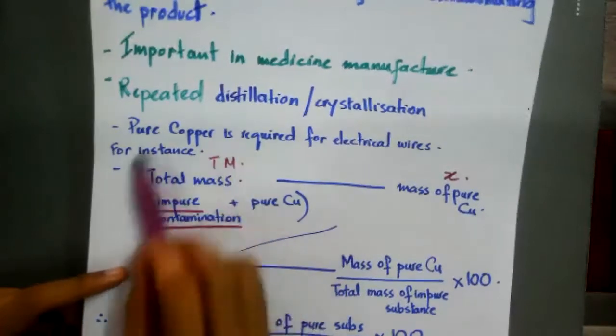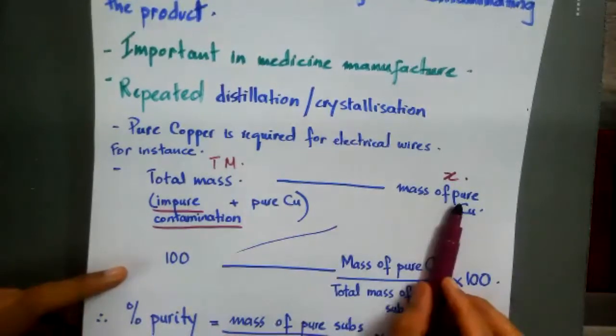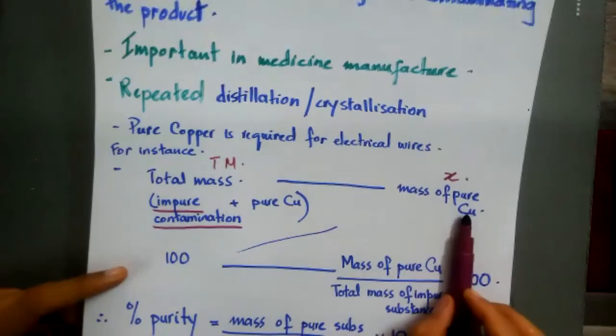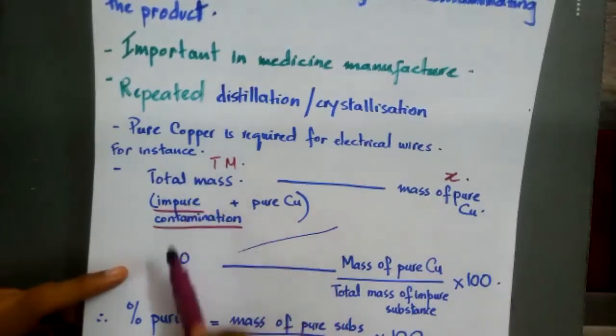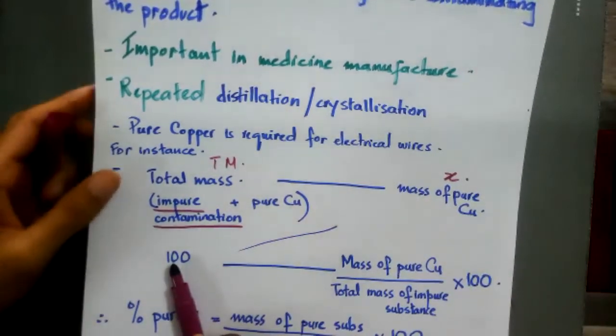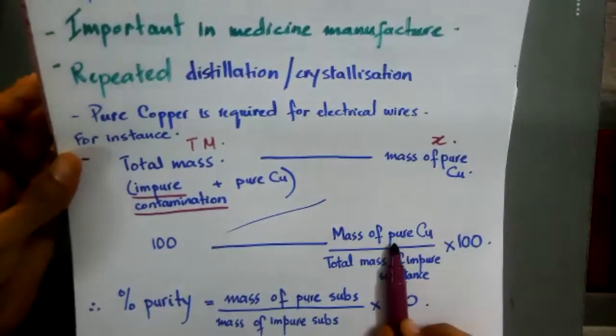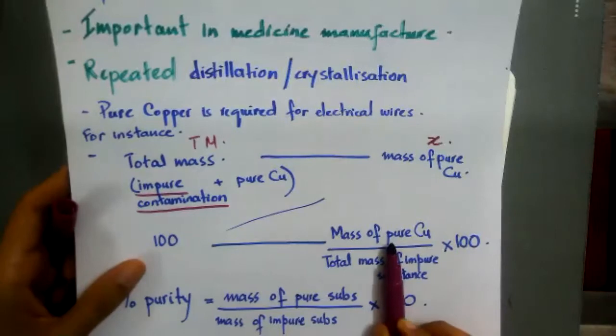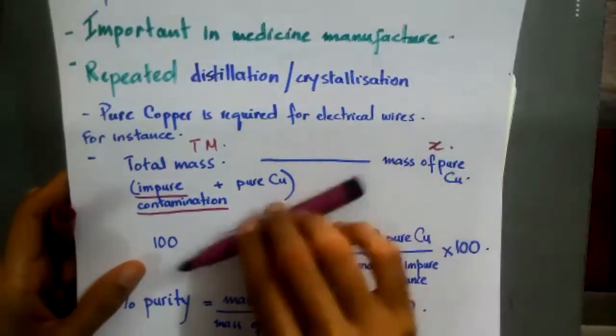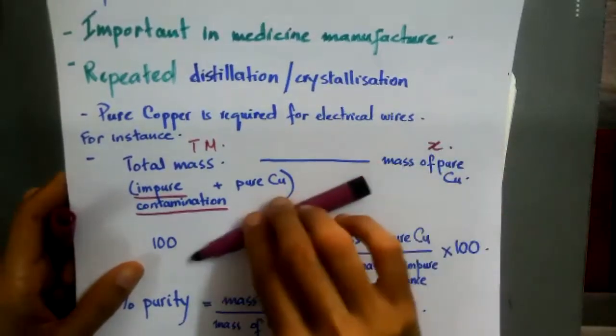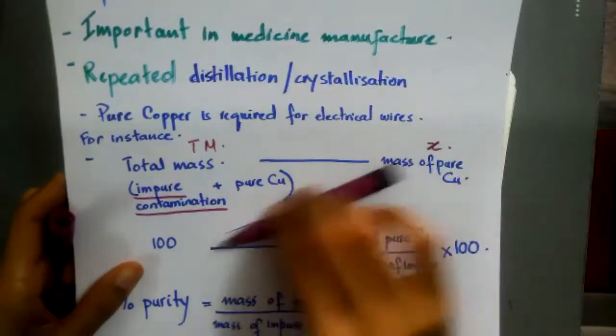So if out of this total mass you have X mass of pure copper, then if the total was 100, how much pure substance would you have gotten? Did you understand this? This is again the ratio method. I will cross multiply the values sitting across each other.